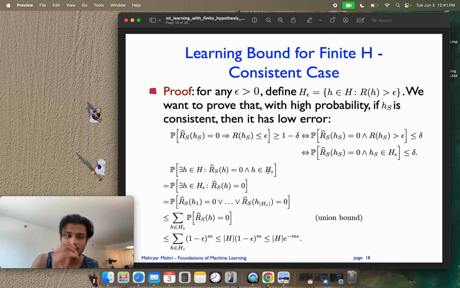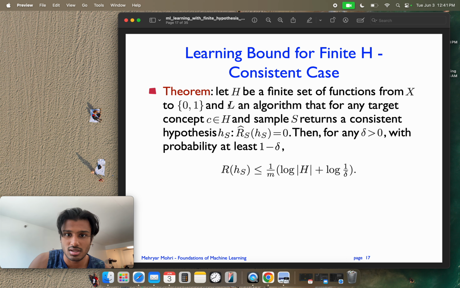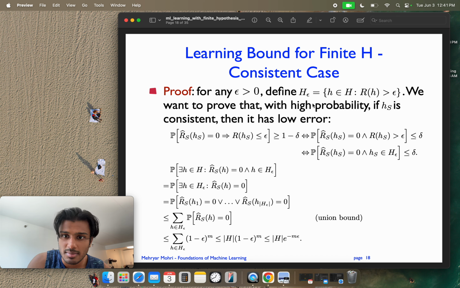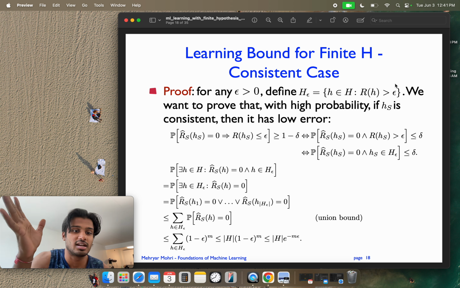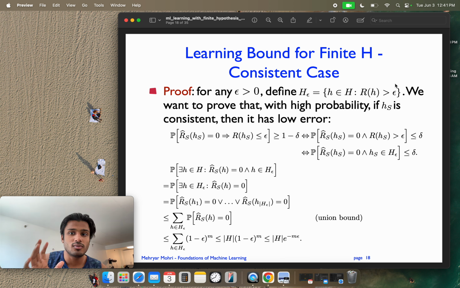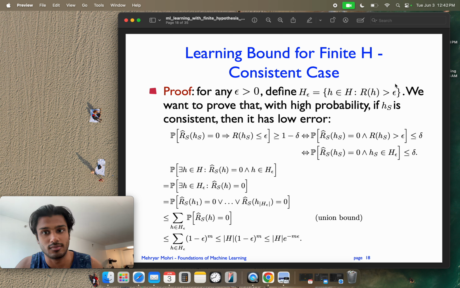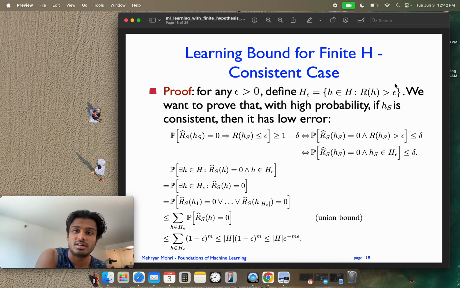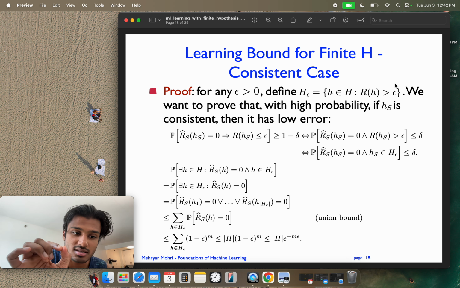Let's say you fix an epsilon and you define a subset of the entire hypothesis class. Capital H is the hypothesis class, and H sub epsilon is all the hypotheses where the real risk is greater than epsilon. Now our algorithm has returned a hypothesis for which the empirical risk is 0.